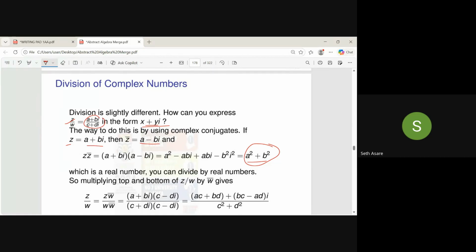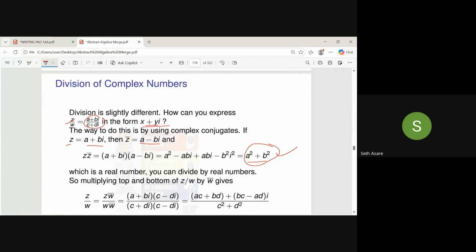Anytime you have a complex number and you multiply it by its conjugate, the final answer should be the real part squared plus the imaginary part squared.